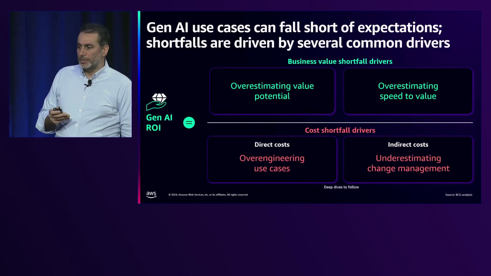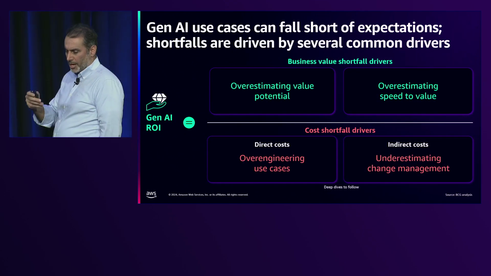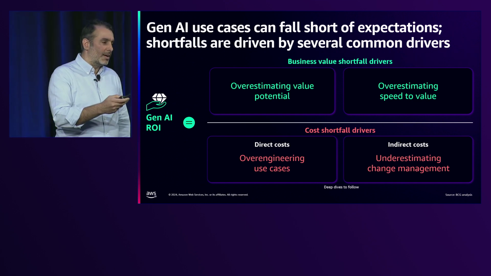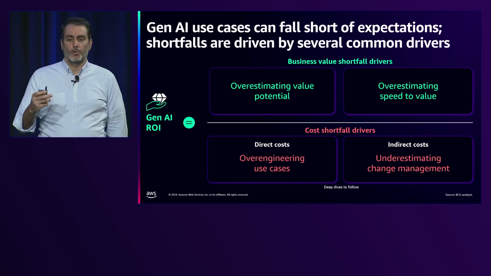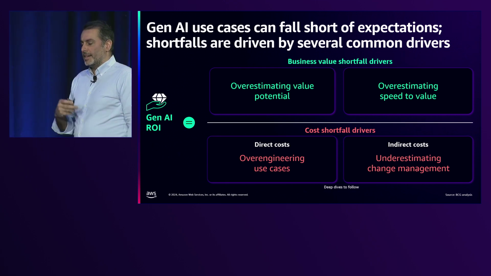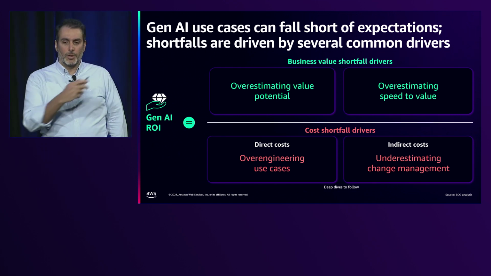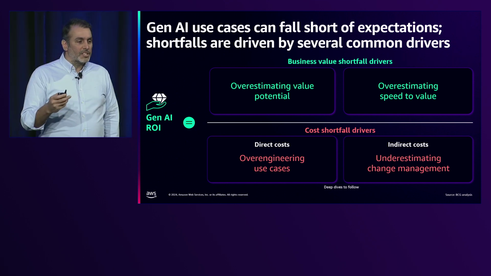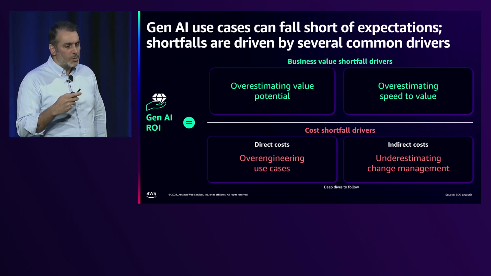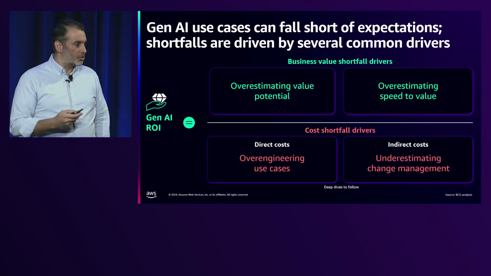Now, what I want to talk about is some of the pitfalls, some of the areas where things don't go as expected, or they're miscalculated, overinflated, or underestimated. And the nice thing is that we can actually show it on the equation quantitatively, right? When it comes to the business value, sometimes we see overestimation of value potential.